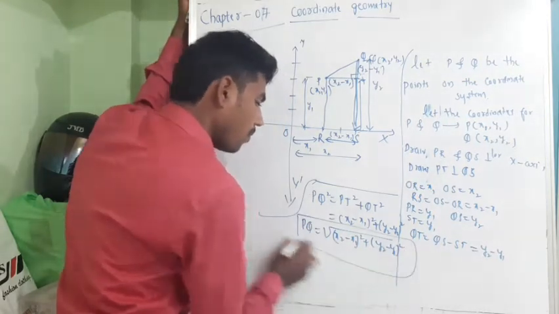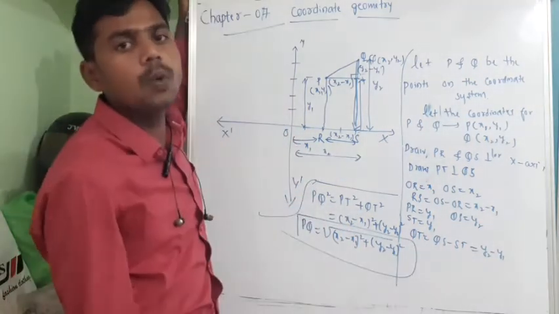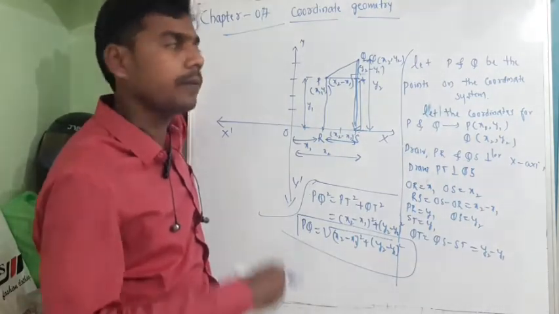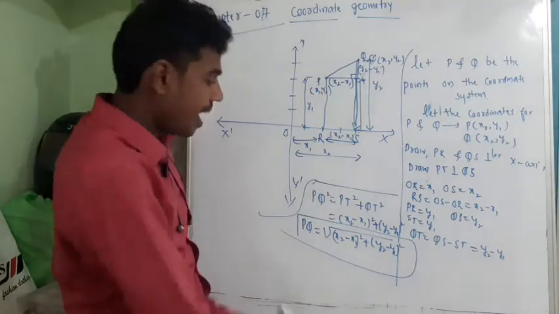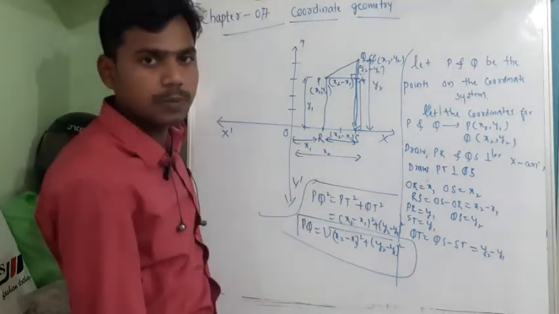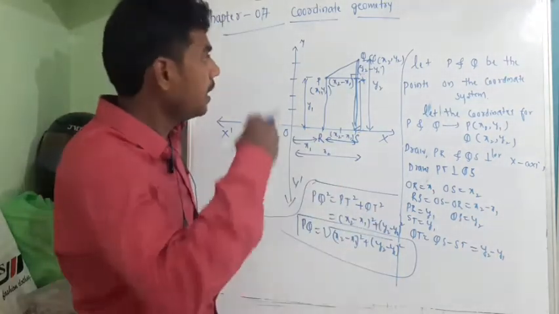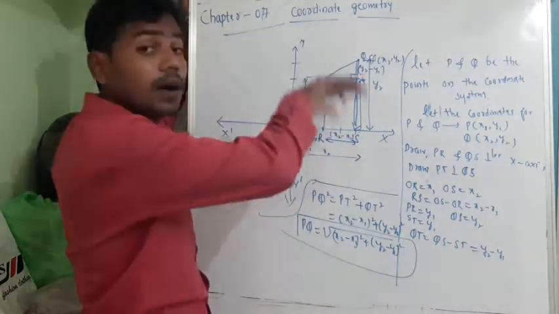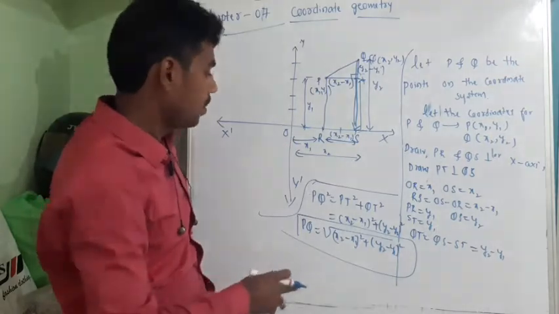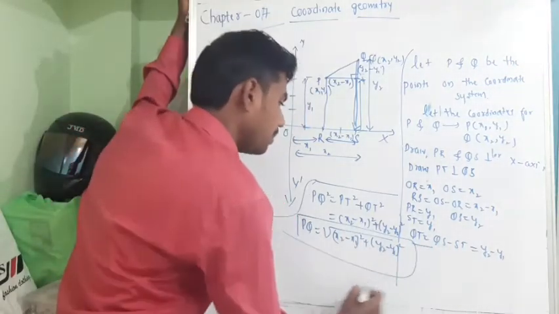This is the formula to find the distance between any 2 points on the Cartesian plane. It may be at any place. So using this formula, directly you can find the distance between any 2 points, at any place on the Cartesian plane. So this is the distance formula.